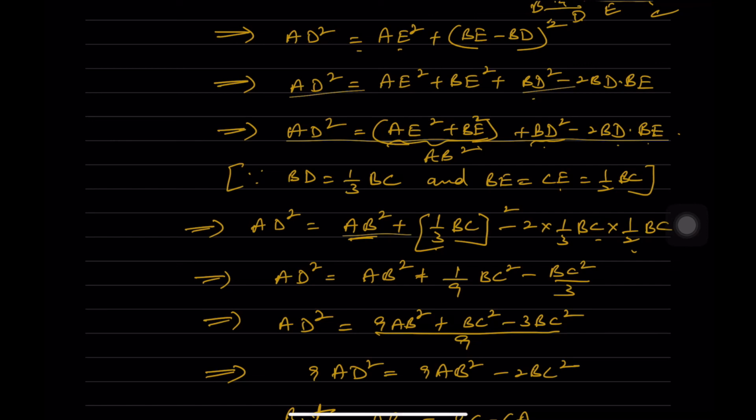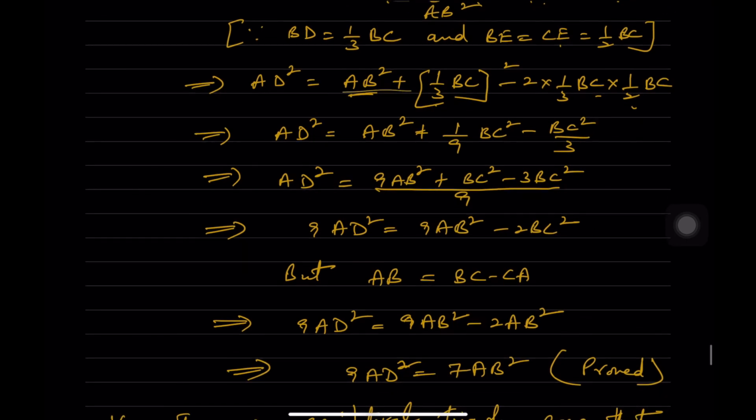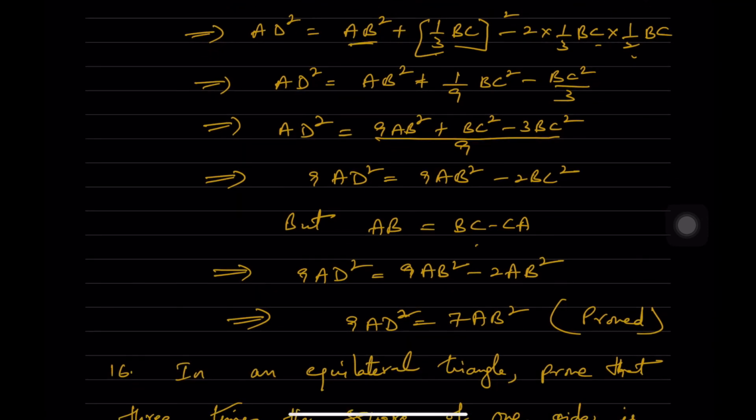So taking 9 to the other side, you are getting 9AD square is equal to 9AB square minus 2BC square. Since we know that all these sides are equal, AB is equal to BC is equal to CA, it is an equilateral triangle.